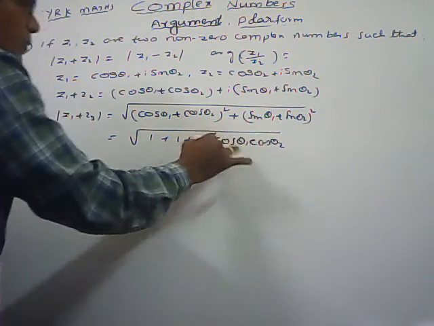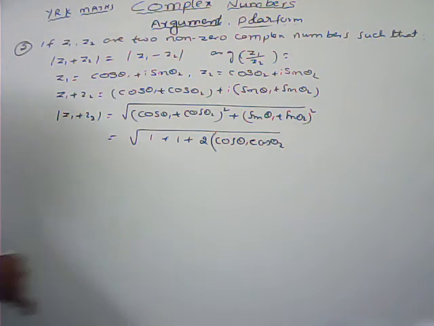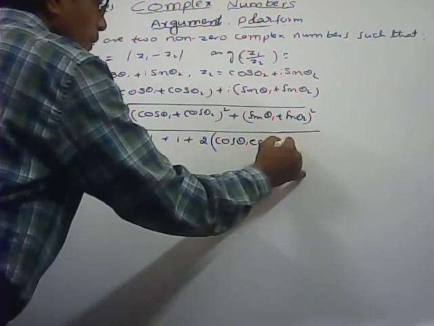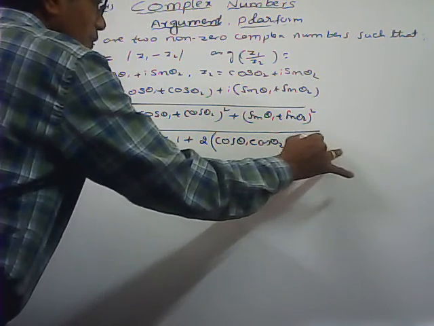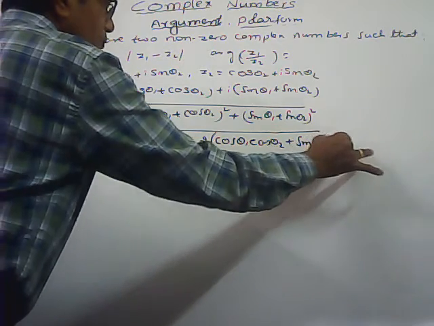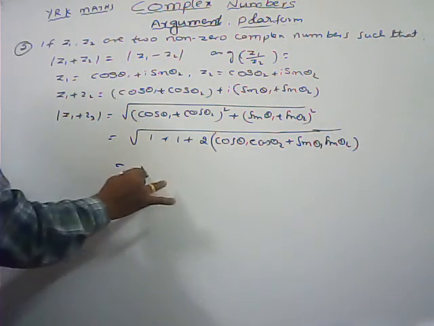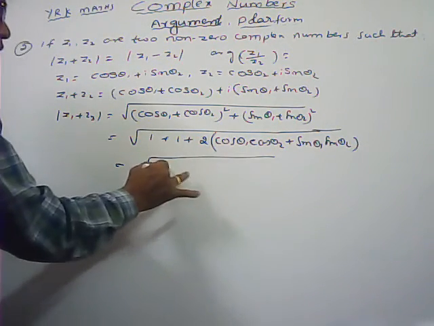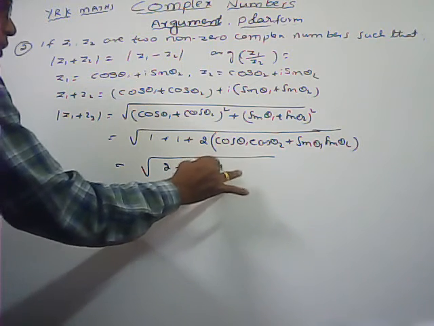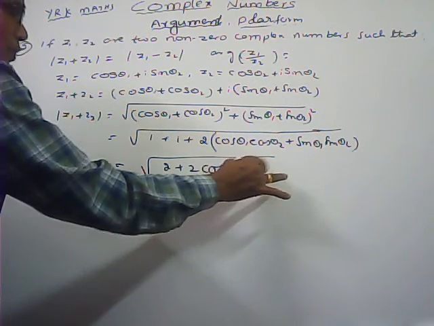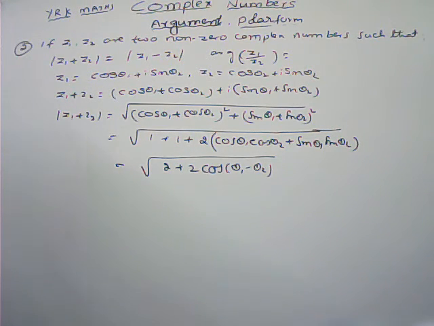Here also plus 2ab. From these two terms we can take 2 as common, plus sin theta 1 into sin theta 2. That is equal to square root of 2 plus 2 into cos of theta 1 minus theta 2. That is modulus of z1 plus z2.